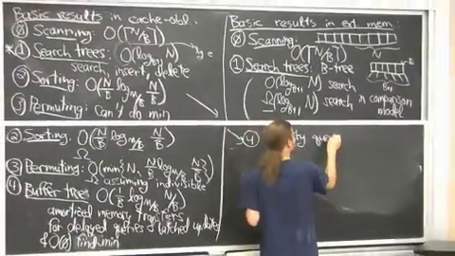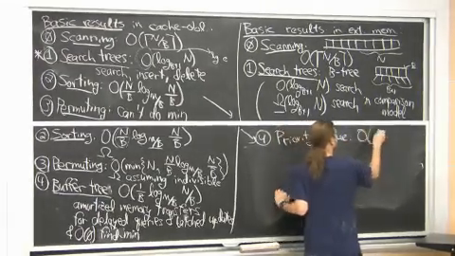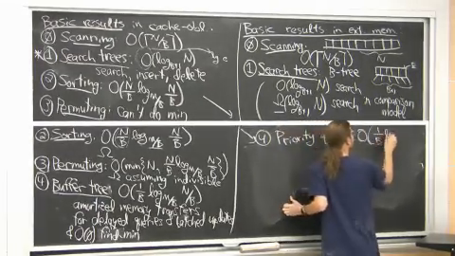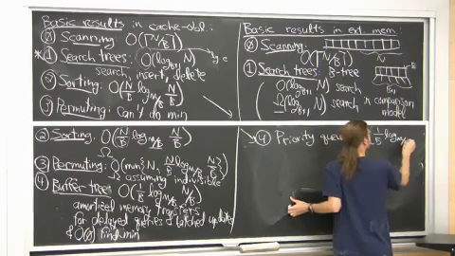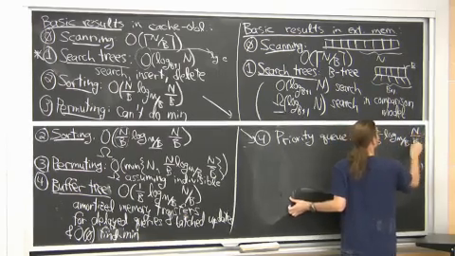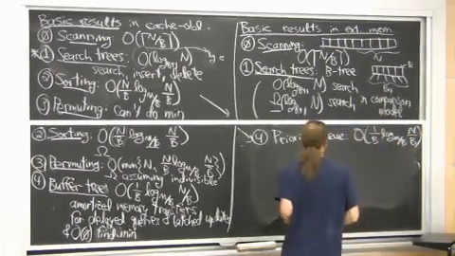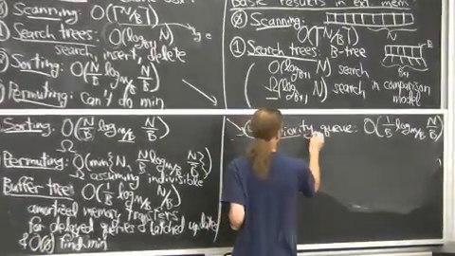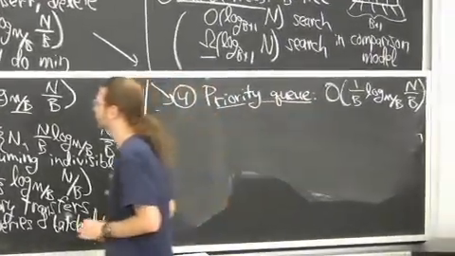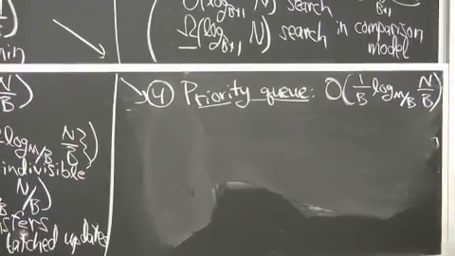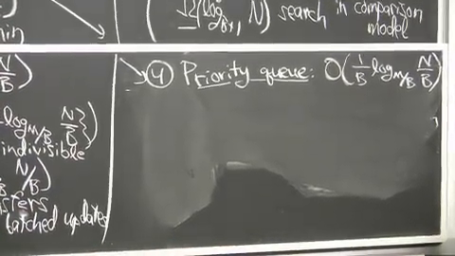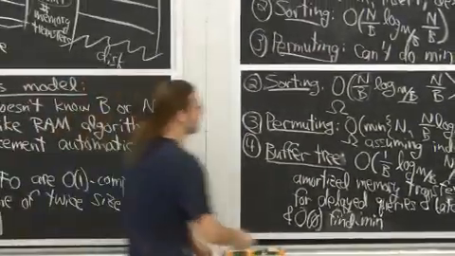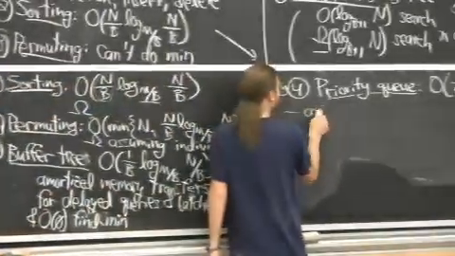Cache oblivious, we can do in the optimal time 1 over B log base M over B of n over B. Only catch with that result is that it assumes something called the tall cache assumption.